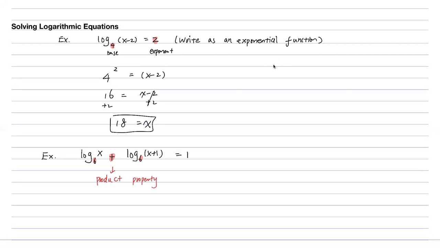The product property comes from the laws of the logarithm, which means if I have log base b of x plus log base b of y, that will equal log base b of x times y. You need to be careful with this notation. This is a times, this is a plus.